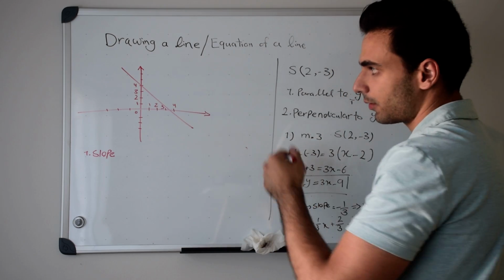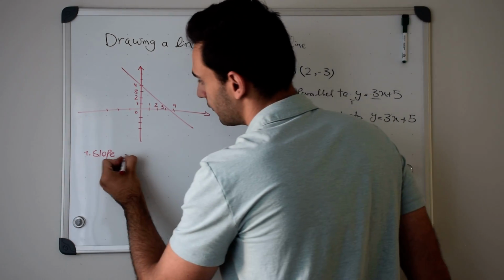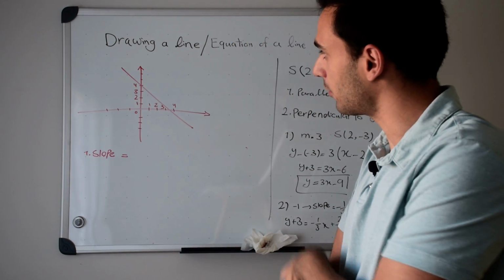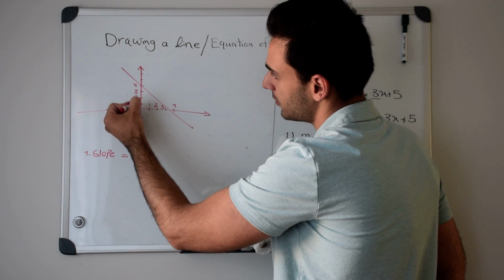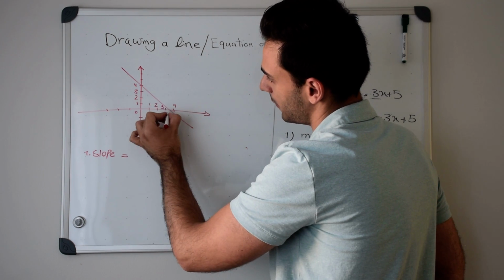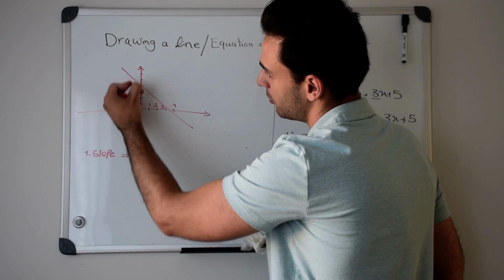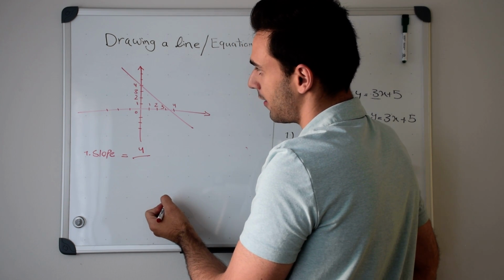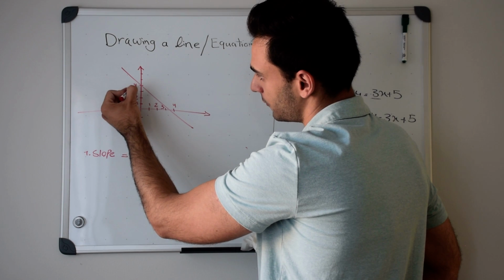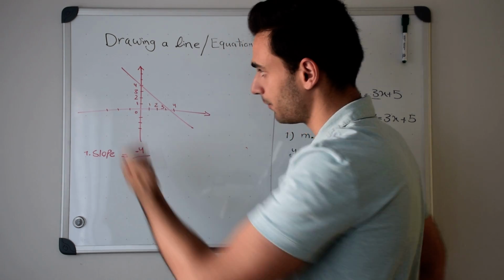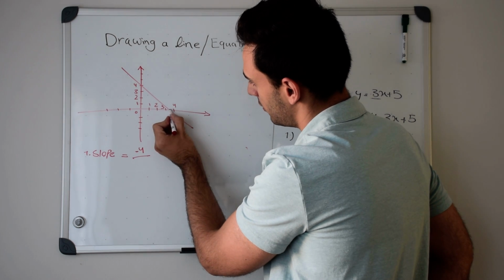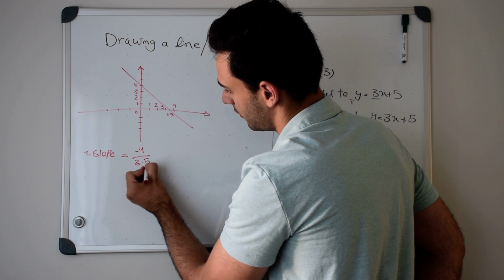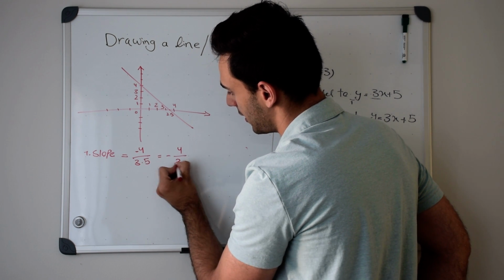To find the slope, I have rise over run. I see the line, so what is the rise? It goes from 4 to 0, so it's minus 4. It's going down. Over, let's say, 3.5. So I got this slope, minus 4 over 3.5.